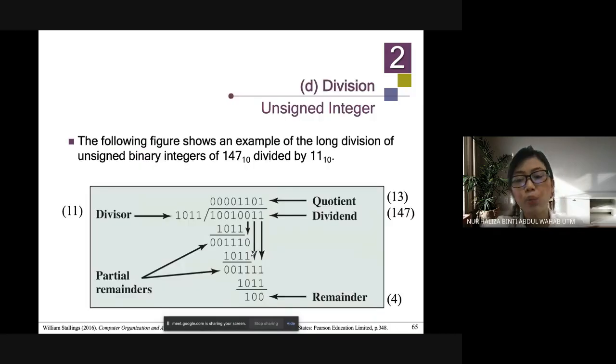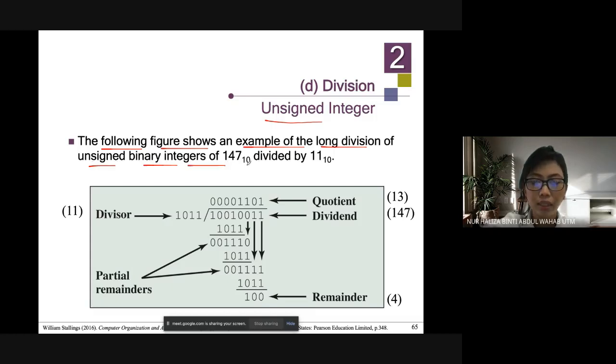So you will see also there are two cases, similar to our previous topic, which is unsigned and signed integers. For unsigned, it's basically just similar to the division process in your mathematics. So over here, the following figure shows an example of long division.